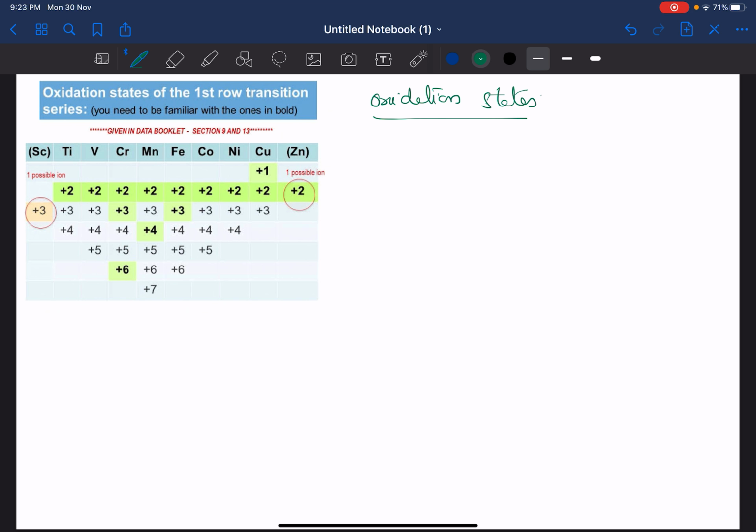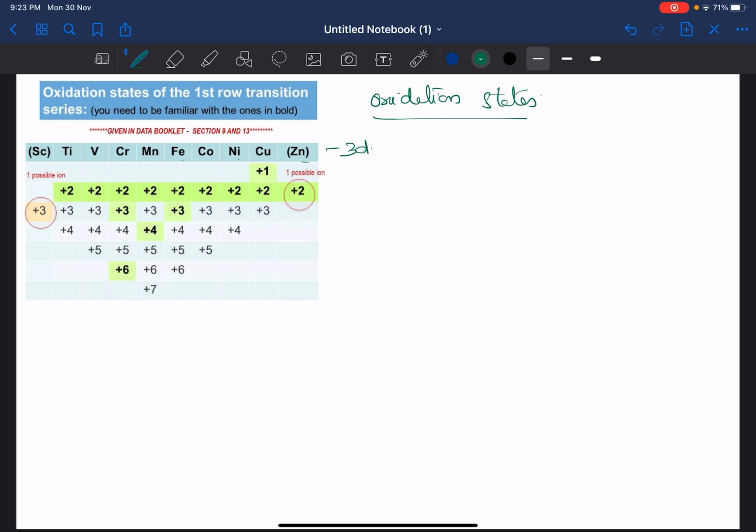Elements with greater oxidation states occur at the middle of the series. Here we will see the oxidation states of different elements of the 3d series, that is scandium, titanium, vanadium, chromium, manganese, iron, cobalt, nickel, copper and zinc. This is the first row of the 3d series elements.